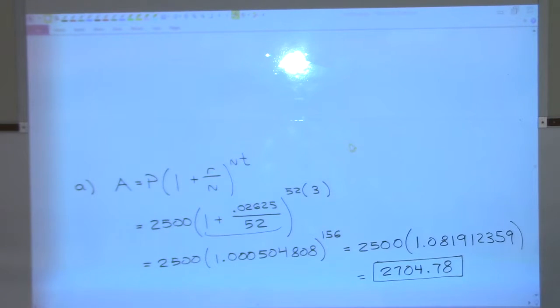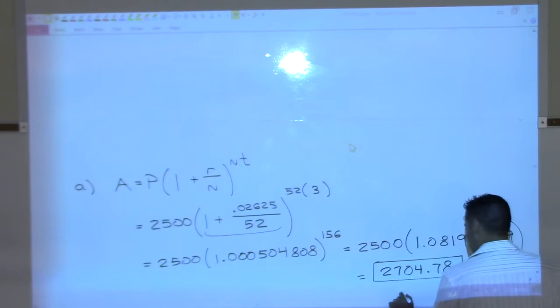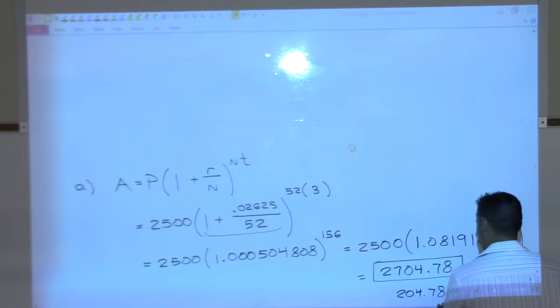So we've answered one of the questions for part A. It asks how much will be in the account, right? That's how much will be there. How much interest was earned? So how much did we start with? If you subtract 2,500 from this, you'll answer the second part, which is 204.78.